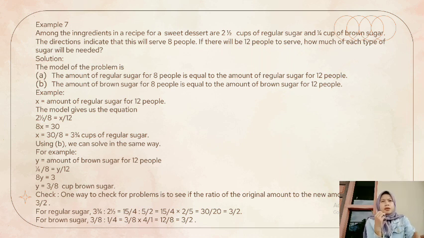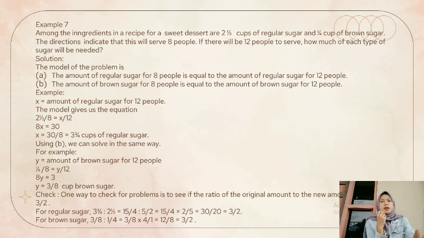Solution for this question. The model of the problem is then A: the amount of regular sugar for 8 people is proportional to the amount of regular sugar for 12 people. And B: the amount of brown sugar for 8 people is proportional to the amount of brown sugar for 12 people. Using A, we can assign variables and proceed algebraically.